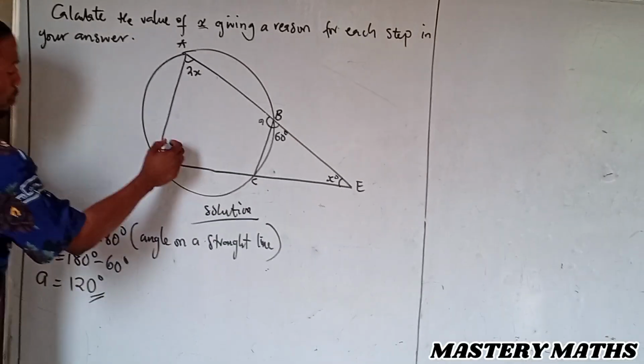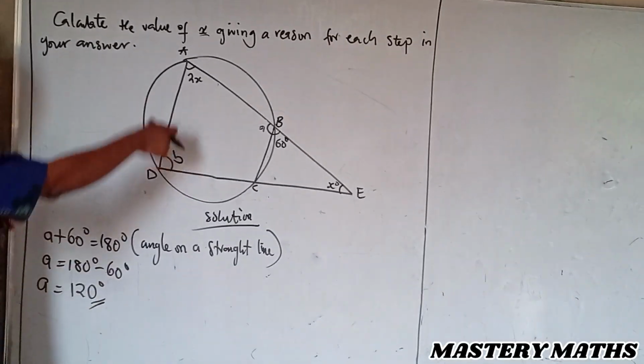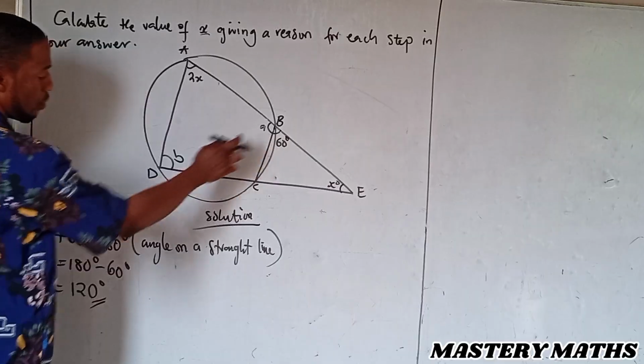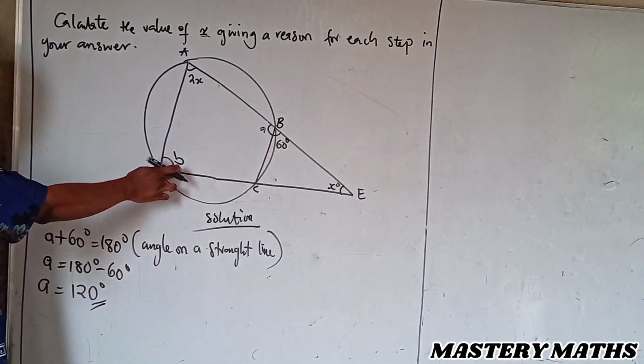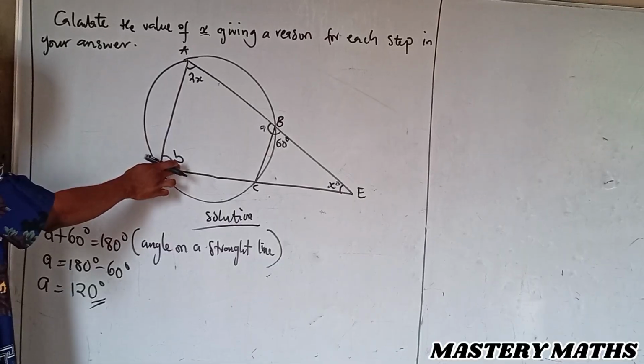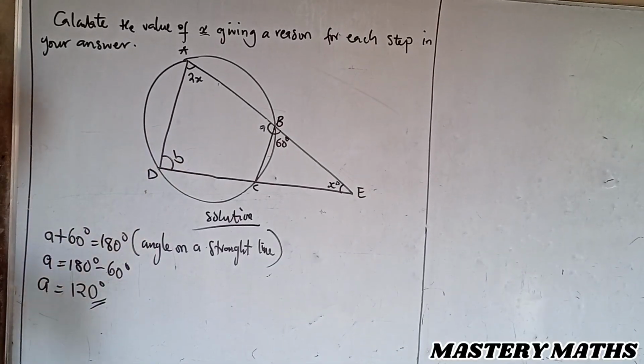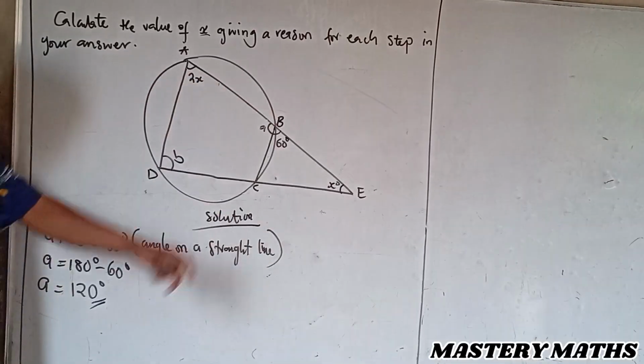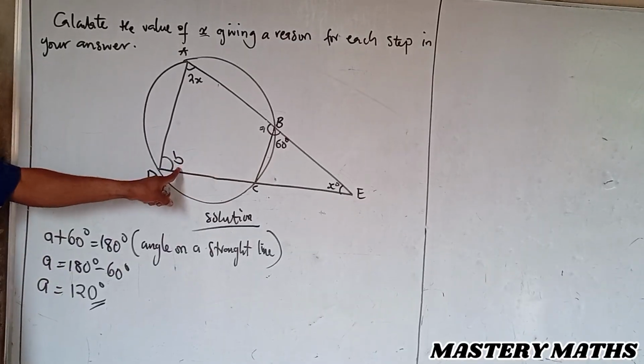Now let's call here B, the inside angle B. You see it now, we've called here A, we've called here B. Since we've gotten our A at 120, arriving at this will be very easy.